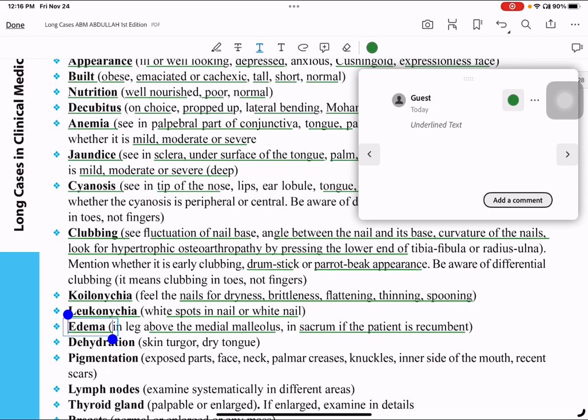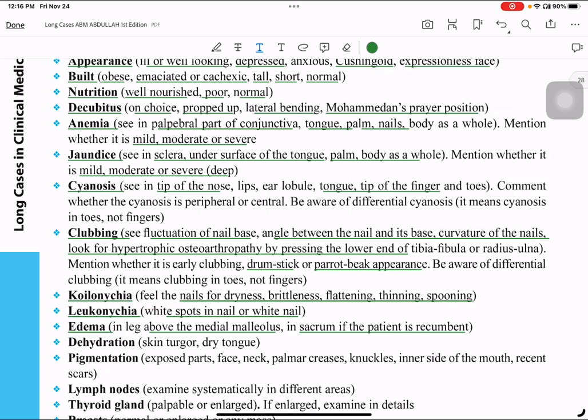When a patient has generalized edema, that indicates the patient has some systemic disease like chronic kidney disease, chronic liver disease, some intestinal disease, or malignancy, or heart failure, or pulmonary hypertension for a longer duration.